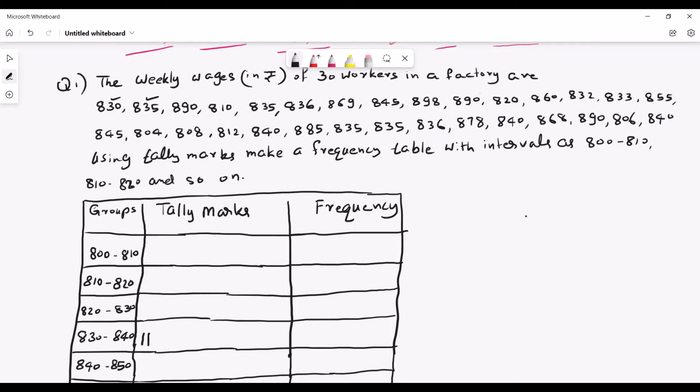Whenever we take a number, just tick mark it so that we can understand that particular data has already been considered. Otherwise, when handling a huge amount of data, we won't be able to identify where we are.